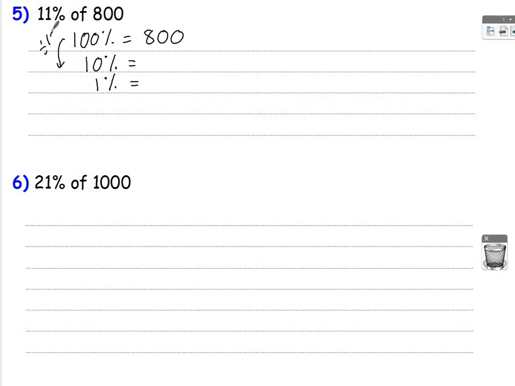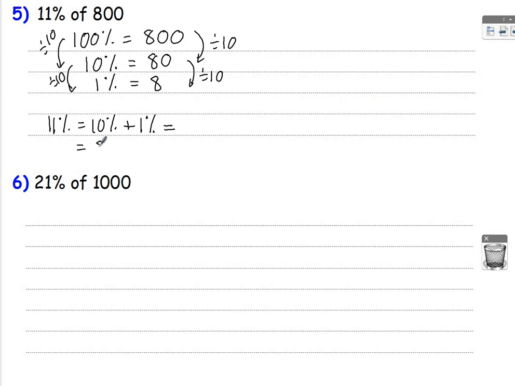Divide by 10. So divide 800 by 10, which is 80. How do I get to 1%? Divide by 10 again. So 80 divided by 10 is 8. So 10% is 80, 1% is 8, 11% is 10% add 1%. So that's going to be 80 add 8, which is 88. So 11% of 800 is 88.